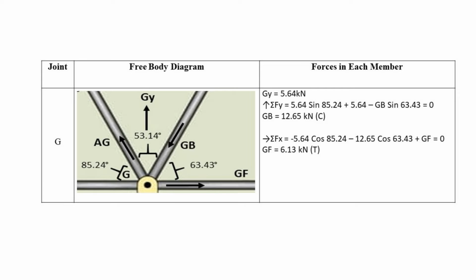5.64 sine 85.24 can be obtained by using the force that we figured out earlier, which is the force that acts on AG.